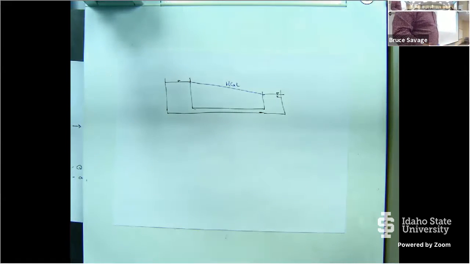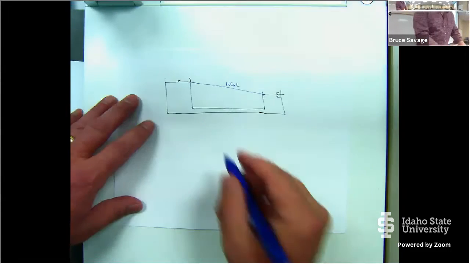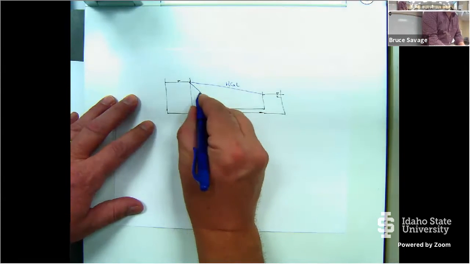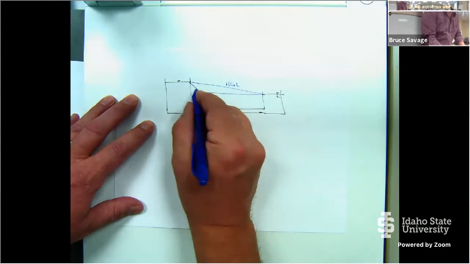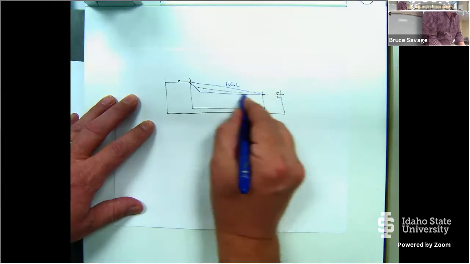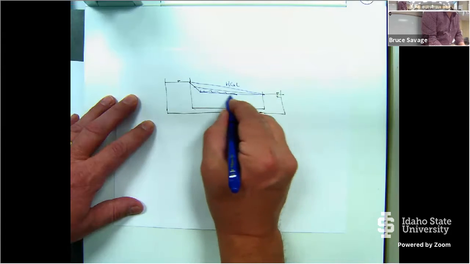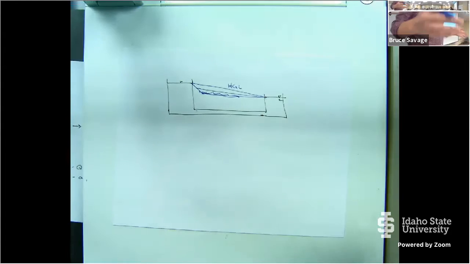And I could have another hydraulic grade line of another branch that maybe did something like this. I didn't draw that very well. It couldn't come down that far, but maybe it'd come down there, or there were some more minor losses in there. But you get my point. There may be something different going on each side of those pipelines, but the bottom line is that I start at the same point and I end at the same point. Therefore, the head loss across the two must be the same.